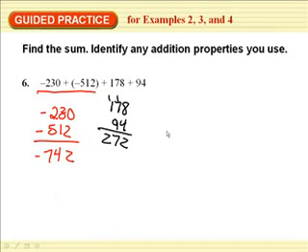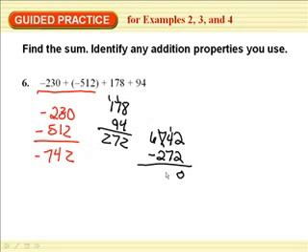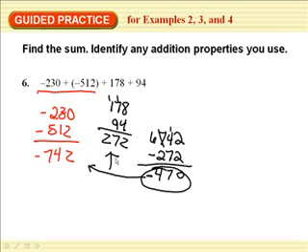So I would subtract those because the signs are different. Remember in the key concept box. 742 minus 272 is 0. 14 minus 7 is 7. 6 minus 2 is 4. And it's going to be negative 470 because the negatives were bigger than the positives.